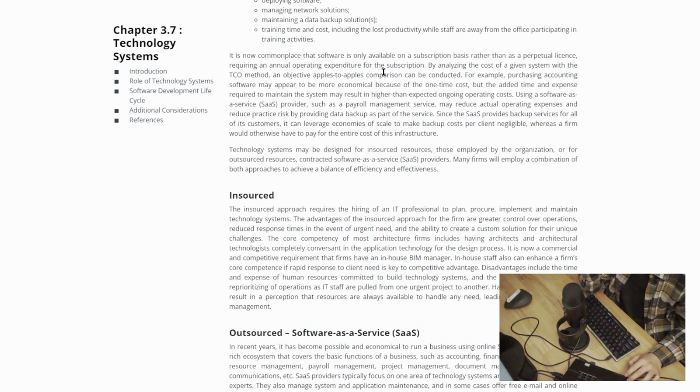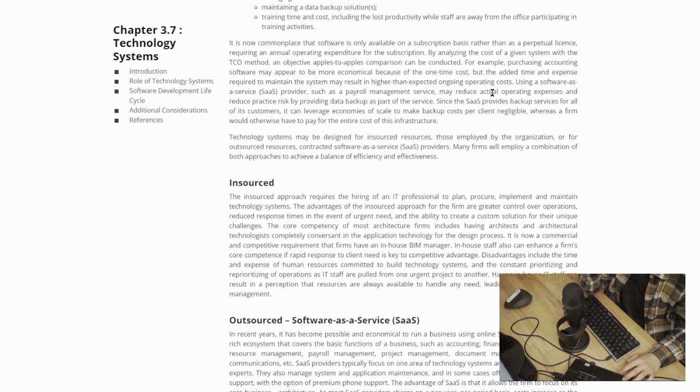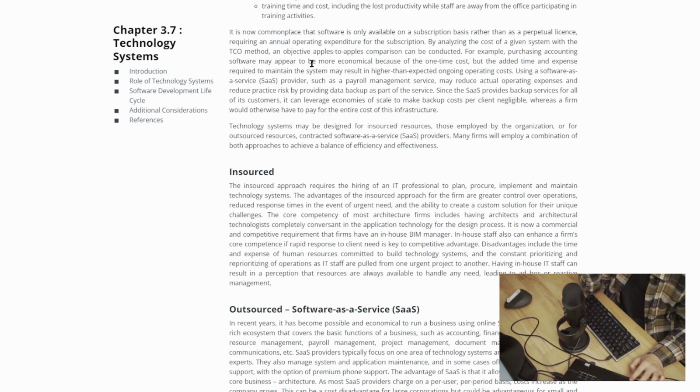For example, purchasing accounting software may appear to be more economical because of the one-time cost, but the added time and expense required to maintain the system may result in higher than expected ongoing operating costs.